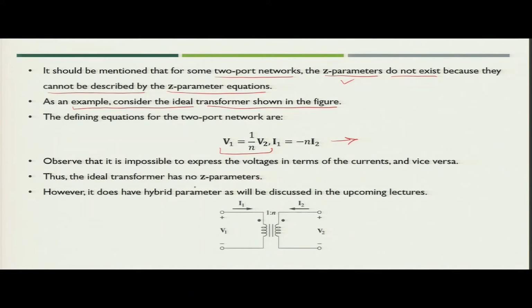That is why, in the case of ideal transformers, we cannot calculate the Z parameters, but we can have the hybrid parameters, which we will discuss in the next lectures. So, we have to keep in mind that not all circuits can be converted into the equivalent Z parameters network. A few of them are like we discussed with the help of the ideal transformer example.